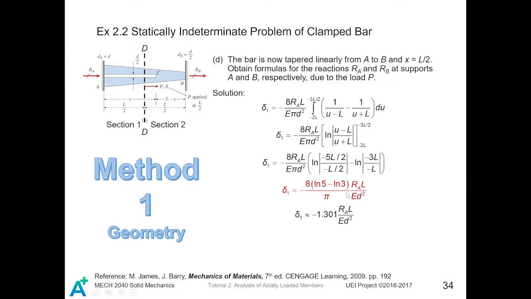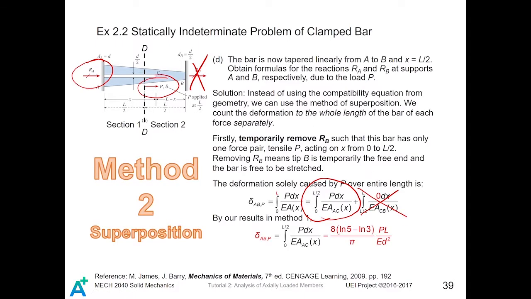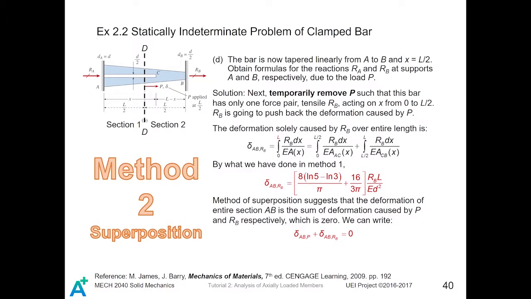Considering solely this integral, we can obtain our results from our previous method. Previously, when we were looking for the delta for section 1, we got this result. Now, we just replace the compressive RA with the tensile P. That is 8 natural log 5 minus natural log 3 divided by pi, times PL divided by ED squared. Now, we remove P and place RB back.